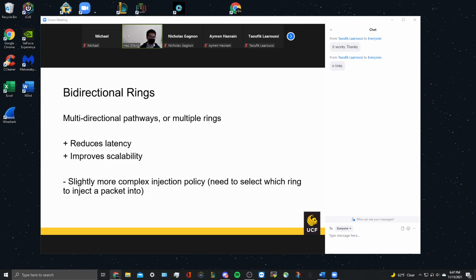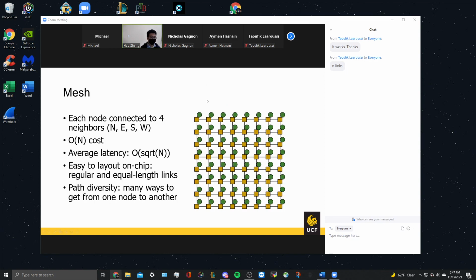So how about the next one? Mesh topology. Right? Because we mentioned that the bisection bandwidth in the ring topology is still constant, but for the mesh topology, probably we can do better. Why? So what would be the bisection bandwidth for this one? Cut into half. How many links do we have?